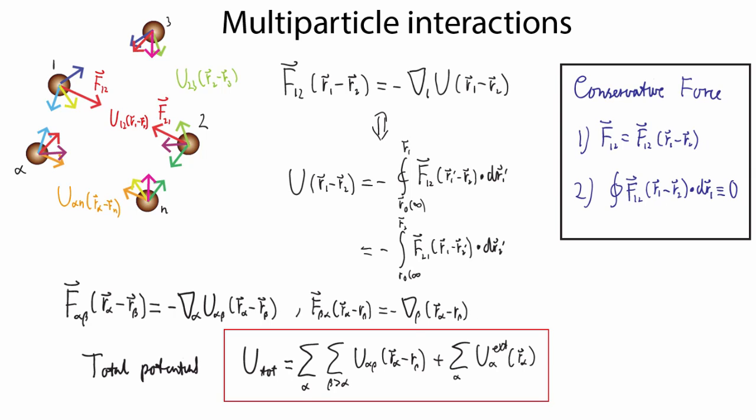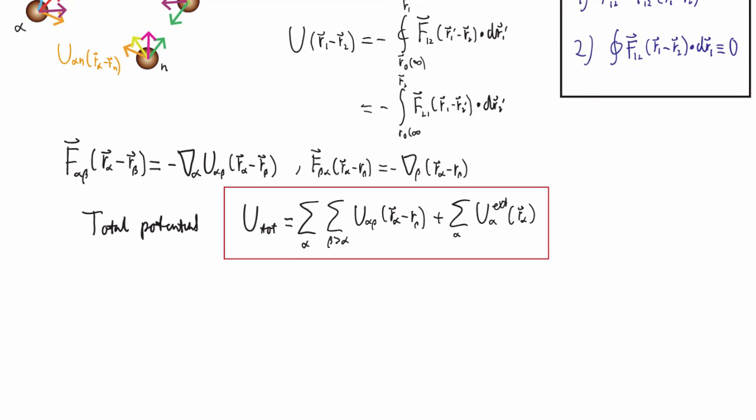Because of that, we can show, and this is going to be on the homework, that the force on the nth particle, well, that's going to be the force on the nth particle from the first particle, from the second particle, etc.